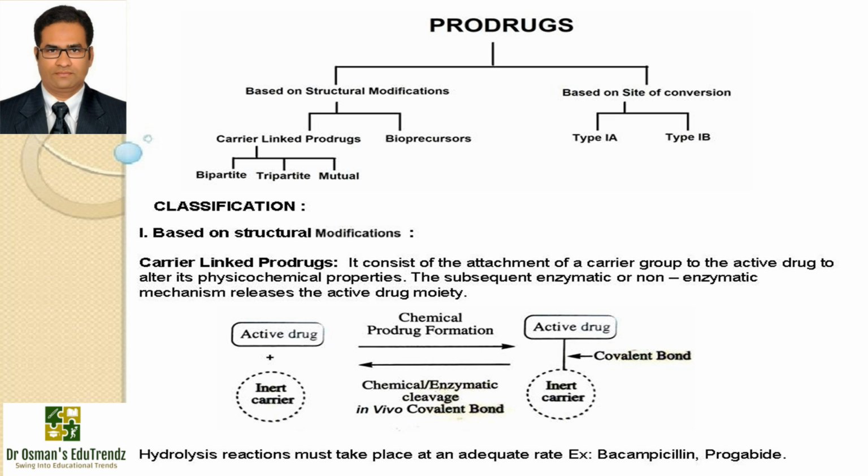You can see here the active drug and inert carrier are made as a prodrug with a covalent bond. The covalent bond is broken by the chemicals or enzymes present in the environment at the site of action, and you get the active drug and the inert carrier there. Hydrolysis reactions must take place at an adequate rate. Examples of such drugs are bacampicillin and progabide.